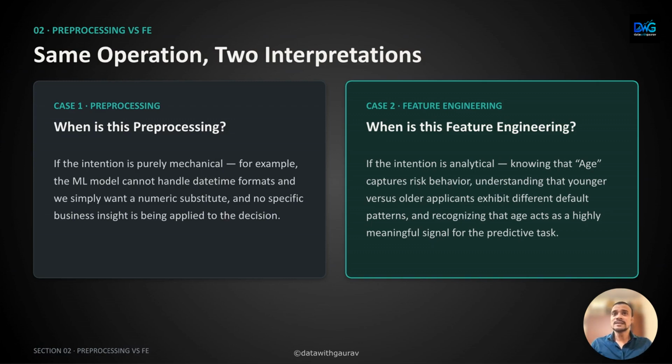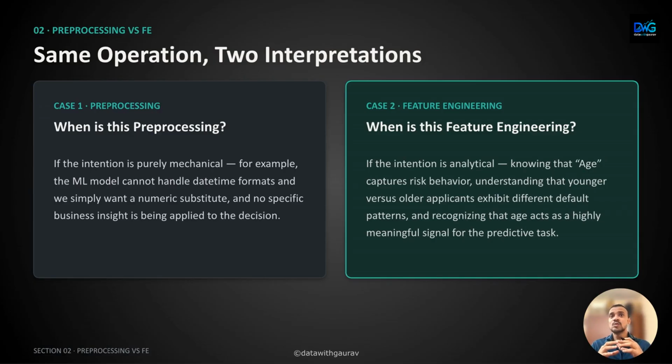The interesting part is that the exact same transformation can be either pre-processing or feature engineering. The difference is not the code, it's the intention behind it. So let's take two cases here. We'll see when it is data pre-processing and when it is feature engineering. Let's start with case 1. Suppose your machine learning algorithm does not accept date values and only works with numeric inputs.